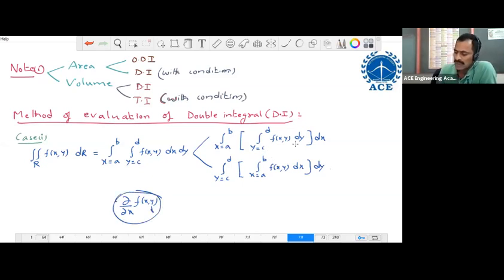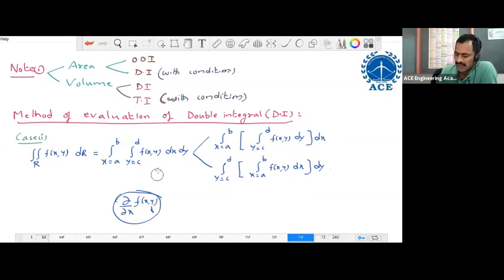After integrating with respect to y, we substitute the limits in place of y so that we get a function of x that will be integrated with respect to x. Inner is with respect to y, outer is with respect to x. Or if we take the other form, first do the inner integral with respect to x and then the outer integral with respect to y. Whatever we choose, we get the same value only.